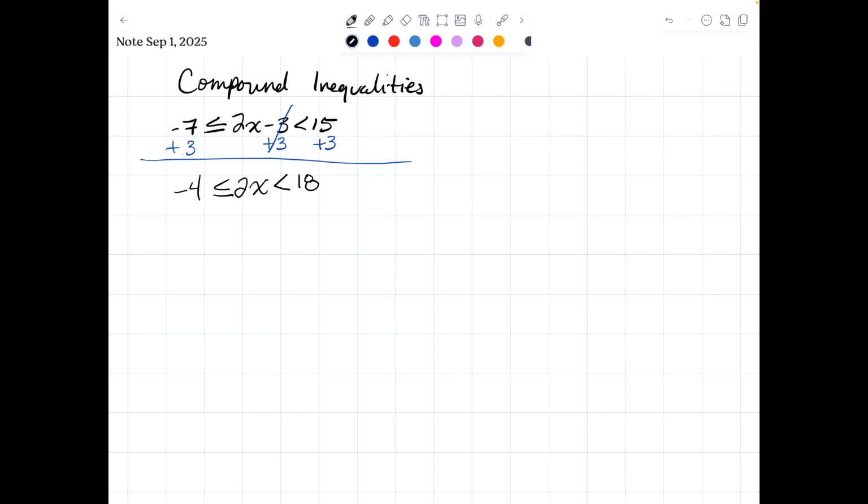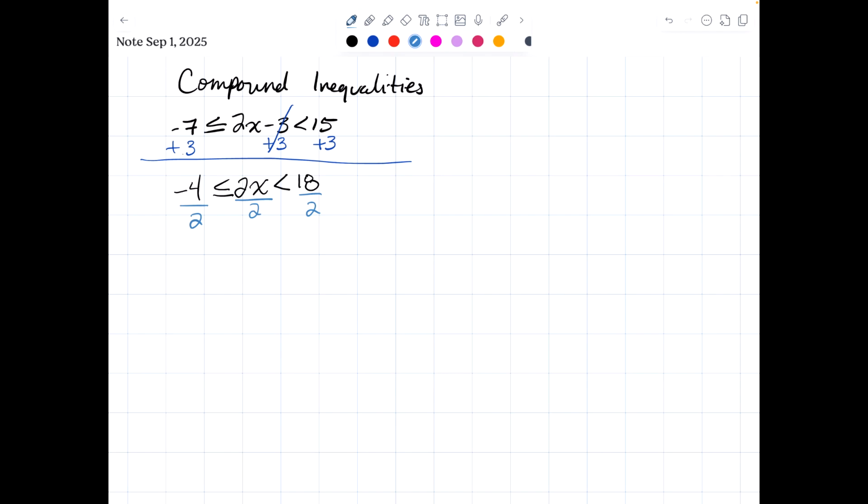Okay, so now the x is not by itself yet. We want to get rid of this 2. Remember that anytime there's a number right next to the variable, it implies multiplication, so the opposite operation of that would be division. So we're going to divide every side by 2.